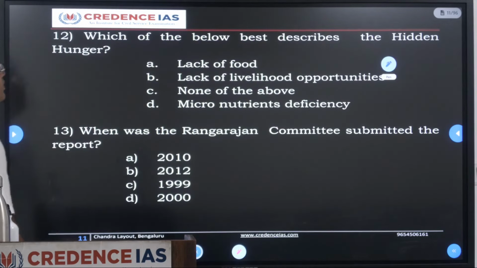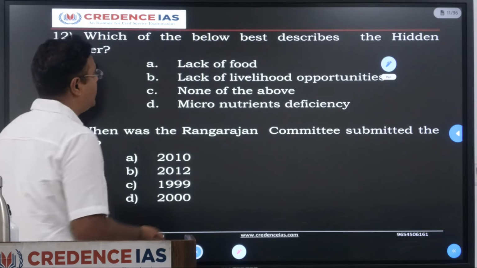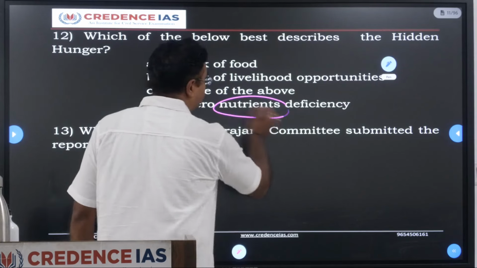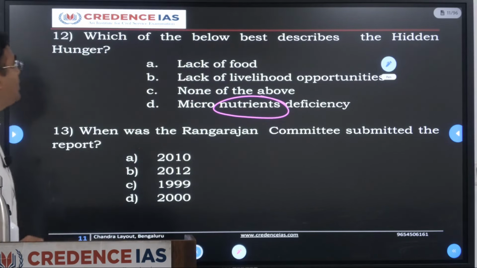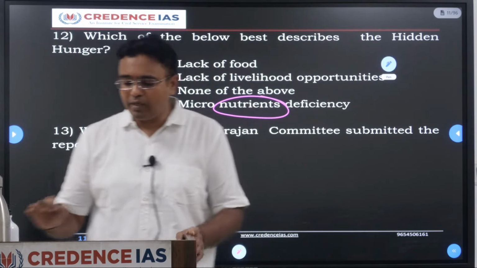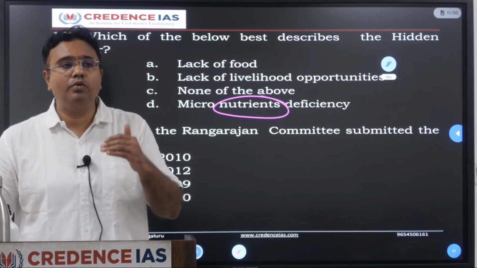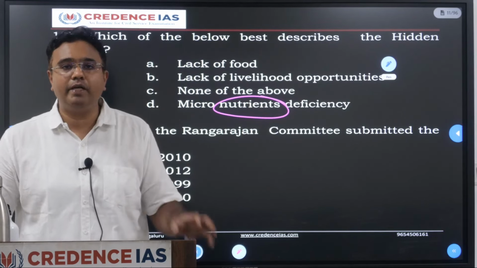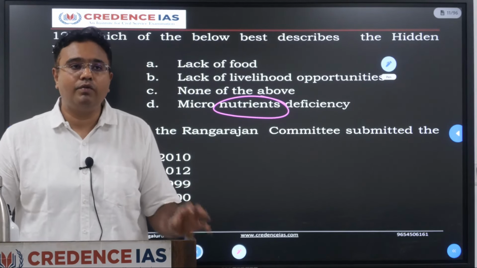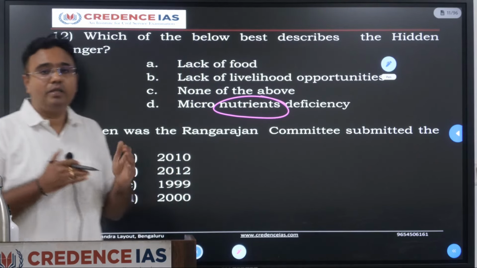Moving on to the next one: which of the below best describes hidden hunger? It's a concept. Hidden hunger is nothing but majorly nutrient deficiency. Suppose you eat a lot of junk food, burgers, pizza, everything, and you don't feel hunger, meaning your appetite is full and you have taken a good quantity of food into your stomach. But are the required nutrients supplied to your body?